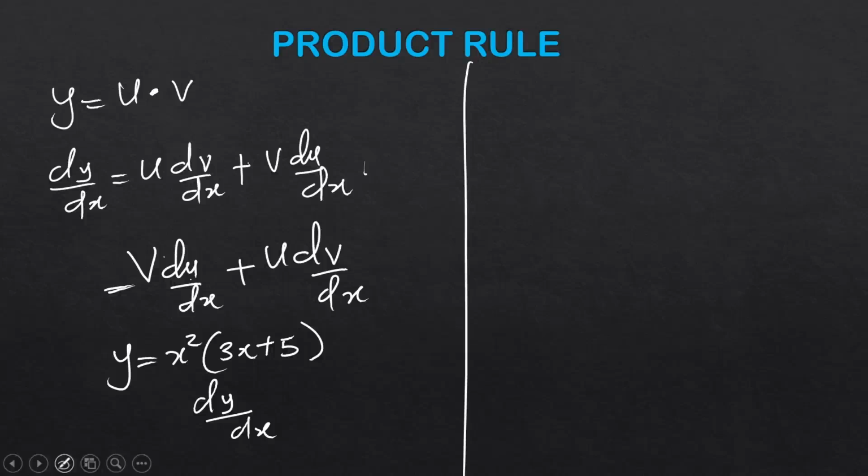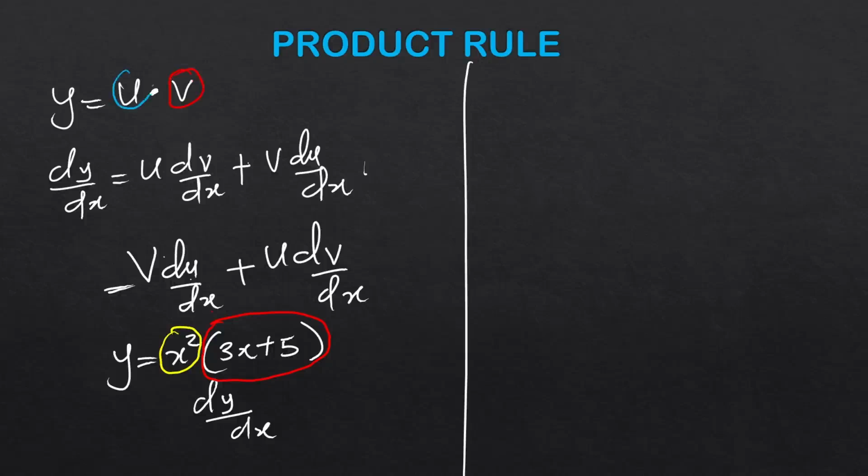You will realize that from this function, we see that there is one thing and there is another thing. Now, these two things are multiplying themselves. When two things multiply themselves, we say that they are what? Products.